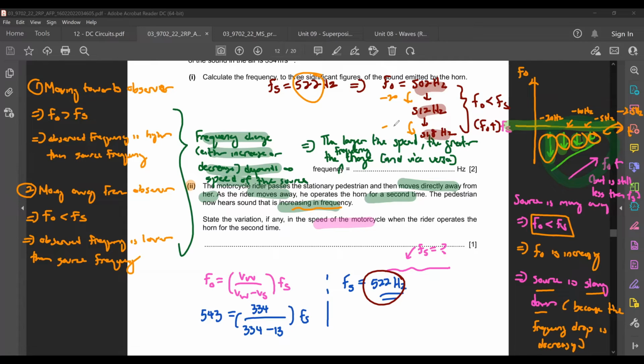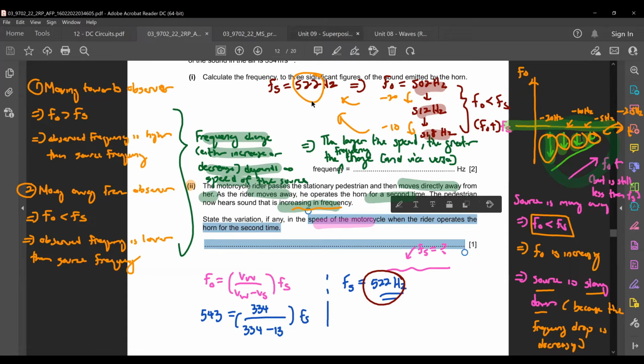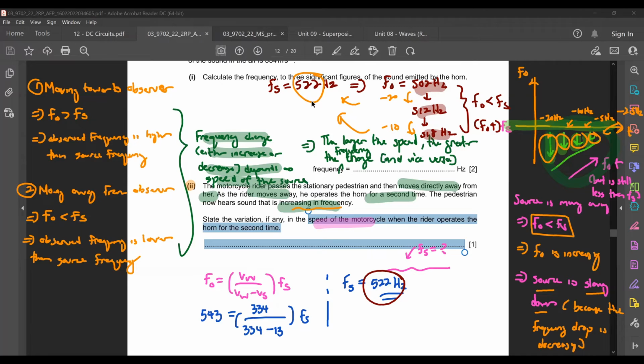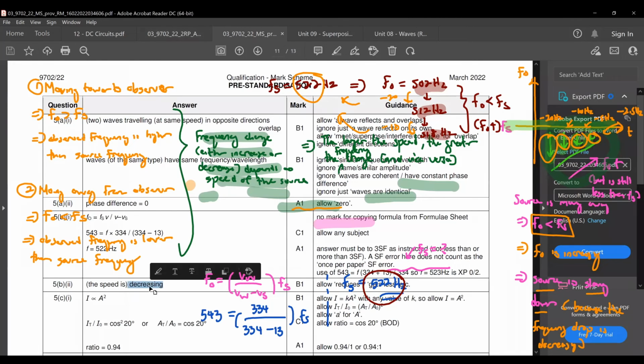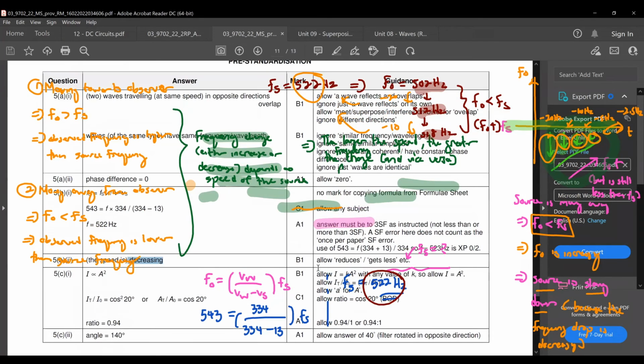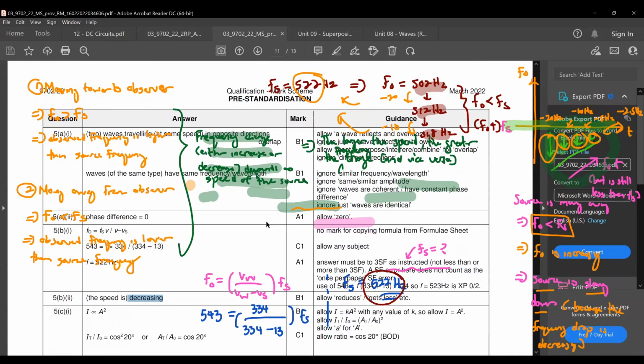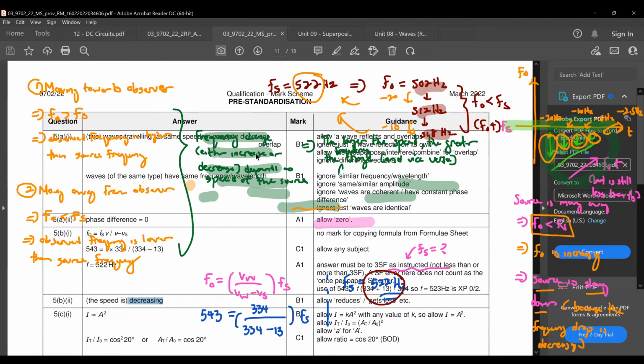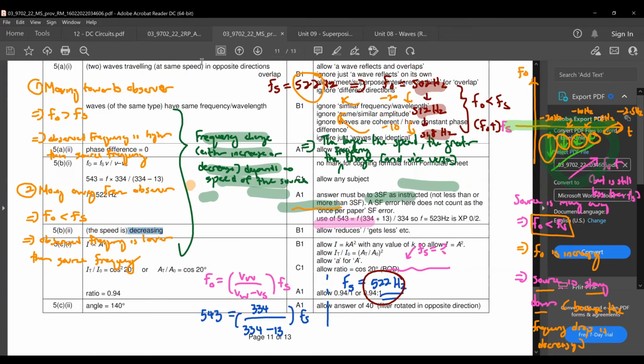This one is minus 10 with respect to this. Okay, so that's what we mean now. So what is the speed of your motorcycle? Simply put, it is slowing down. The speed is decreasing. The motorcyclist is slowing down. So basically that is what you can see from here. All right, so this one is okay.